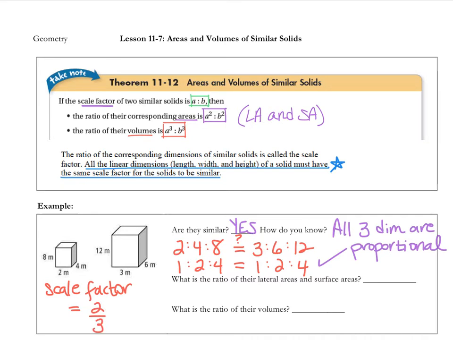Since the area is the square of the scale factor, we'll do 2/3 squared and get 4 to 9. So the area ratio is 4 to 9. And the volume ratio is the cube of the scale factor. So we'll do 2 to 3 cubed, which is 8 to 27. That's the cube of the scale factor, 8 to 27.